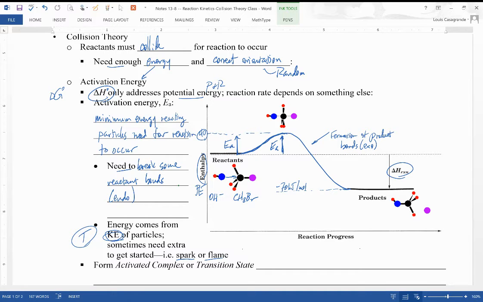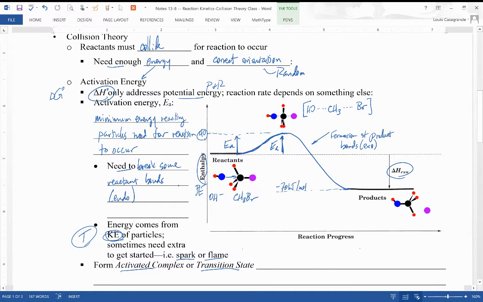Now, that chemical species at the top is called an activated complex or transition state. So we can have it listed as a cartoon like that, or we can write it as such: HO, the blue is O, the red is H, HO, CH3, and the purple is bromine.